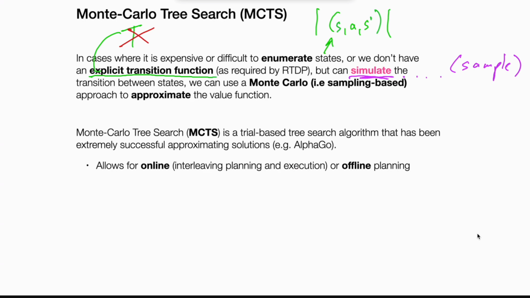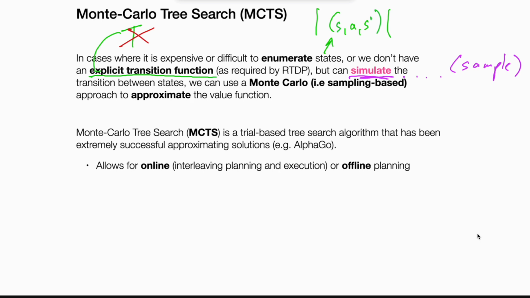So maybe I've got a simpler poker playing simulation in my head that I can run to imagine, or hypothesize, hallucinate the outcome that the opponent might come back with. And I can do that for different actions, and get different outcomes back.